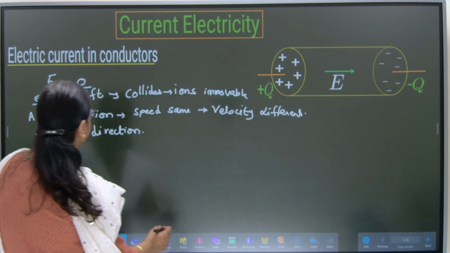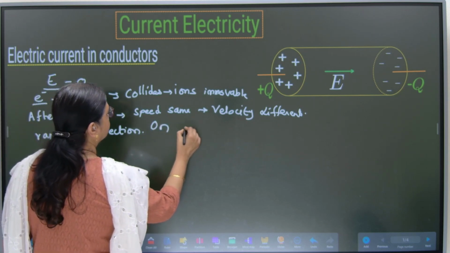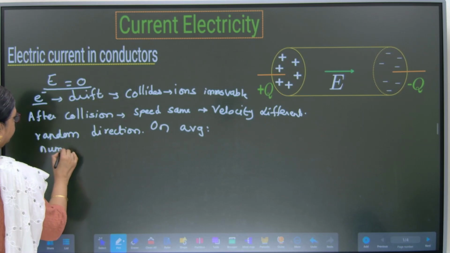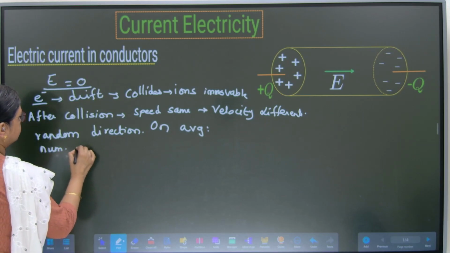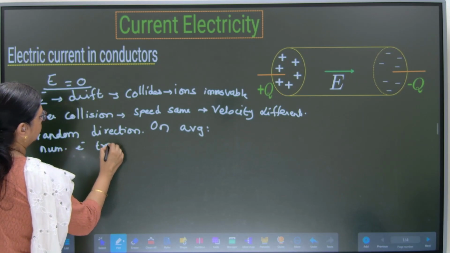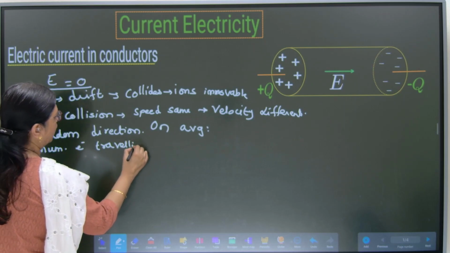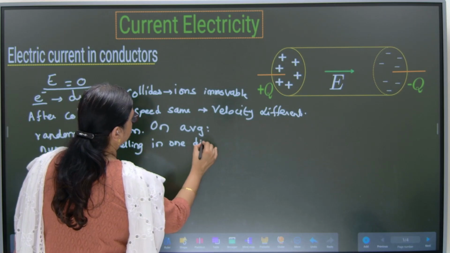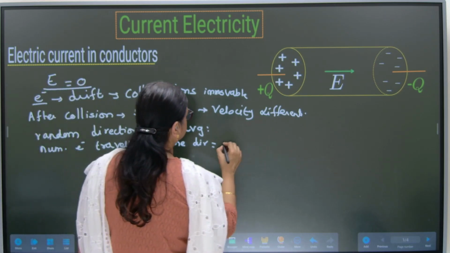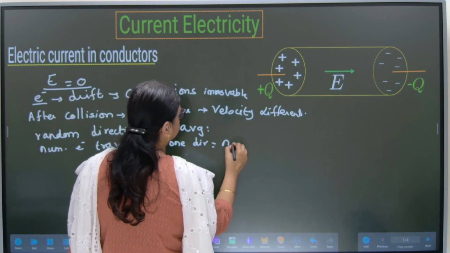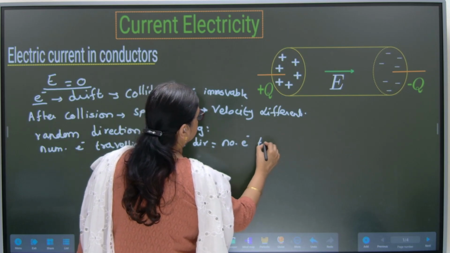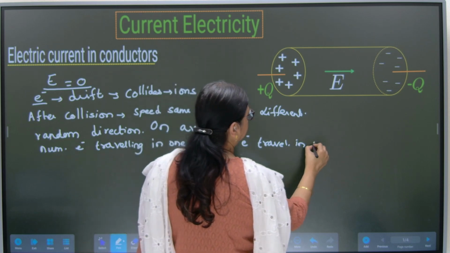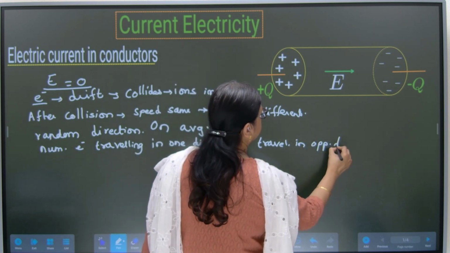Therefore, on an average, the number of electrons traveling in one direction is equal to the number of electrons traveling in exactly the opposite direction.